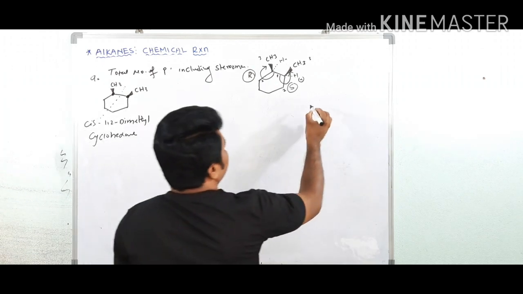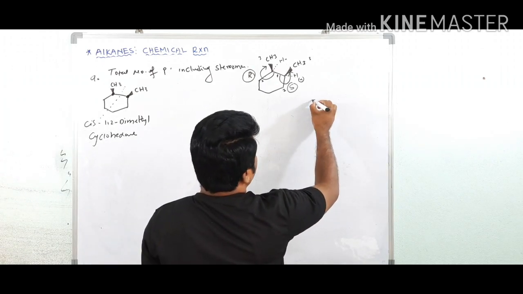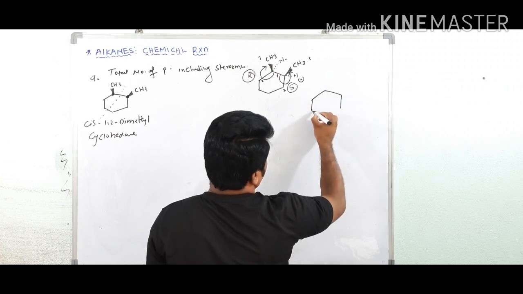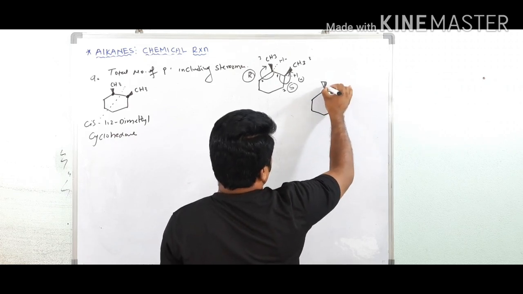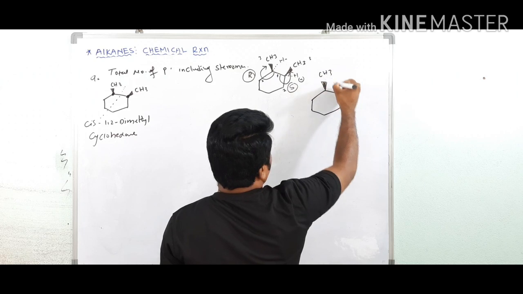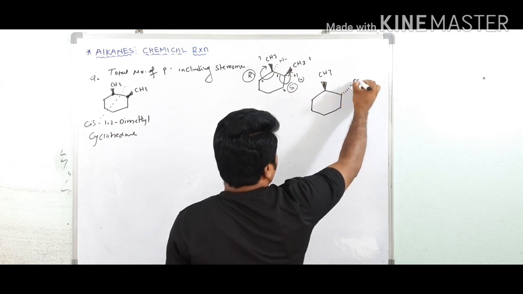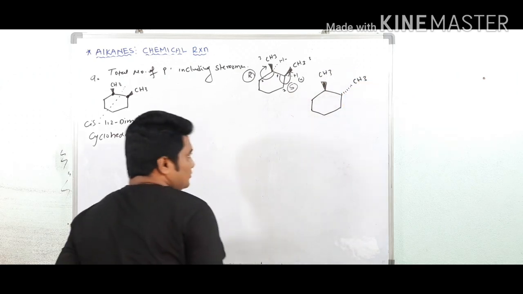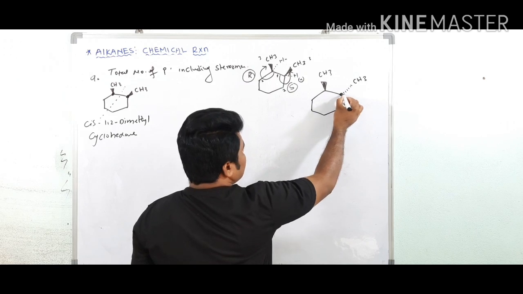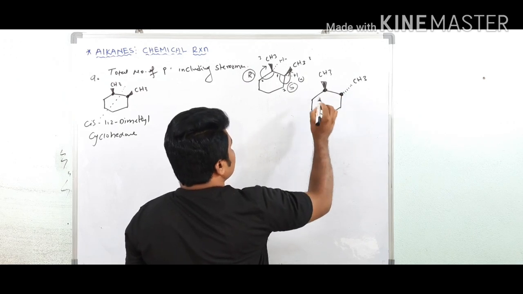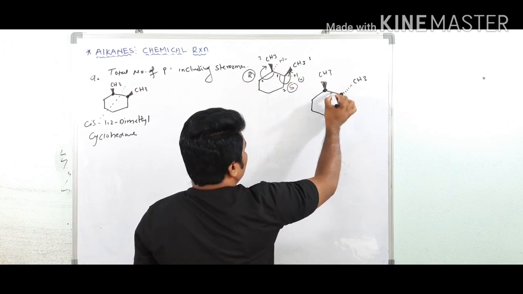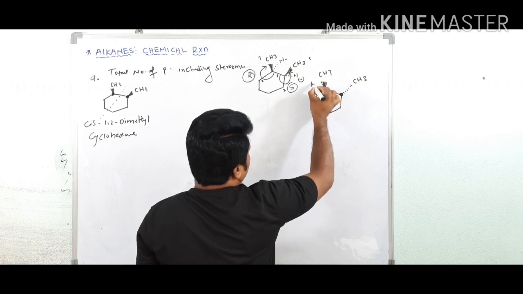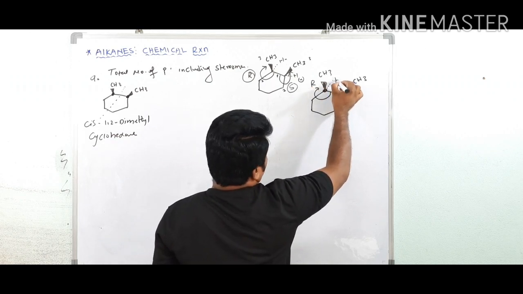Suppose if you see the trans, this is above the plane and here below the plane. Now see, are these two carbon atoms stereochemically same or not? See here, 1, 2, 3. This is R you are getting because below the plane.